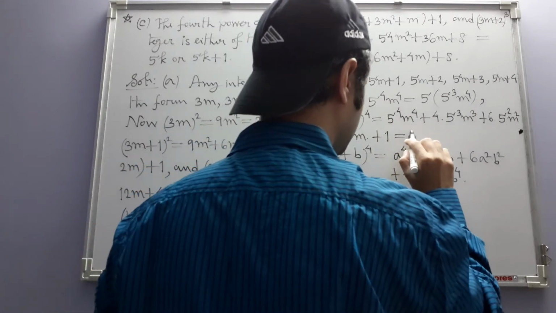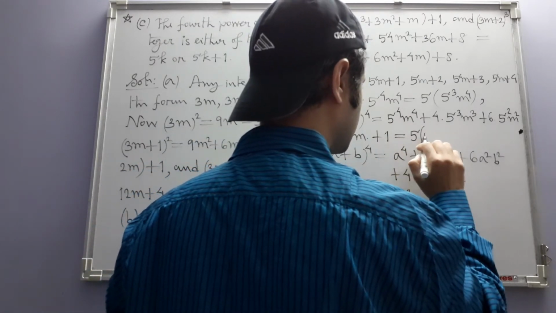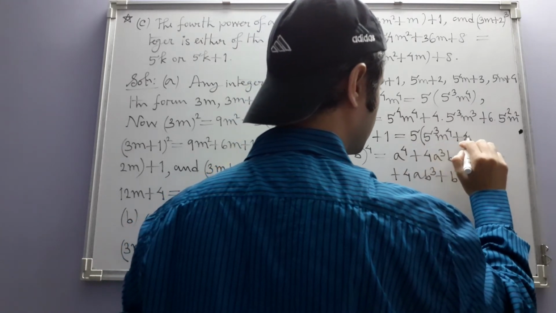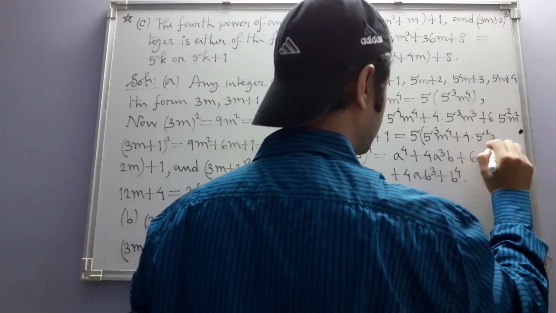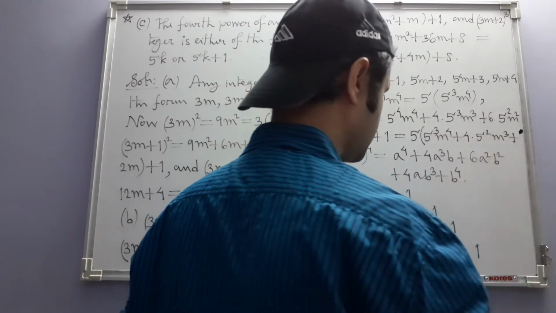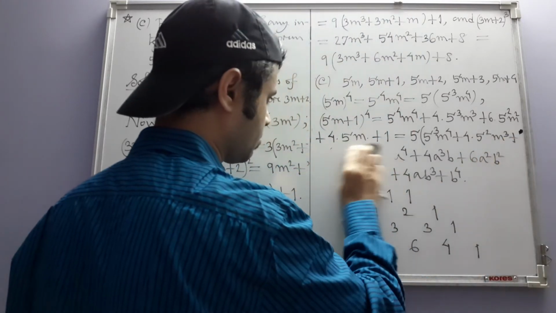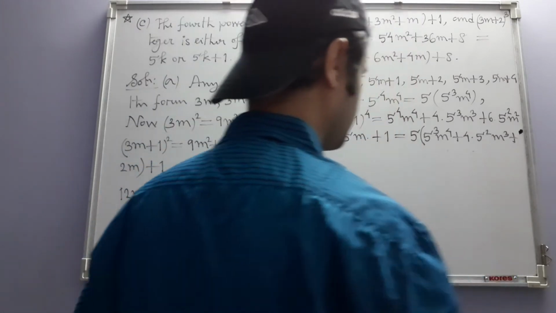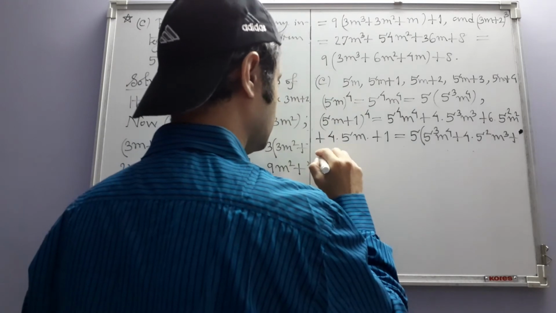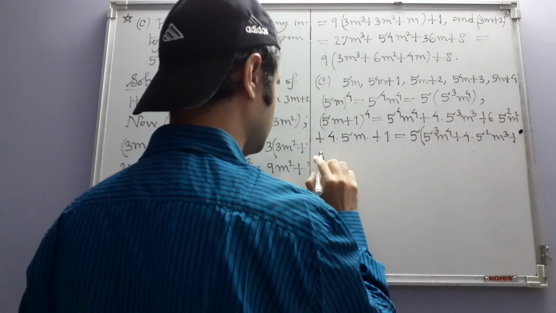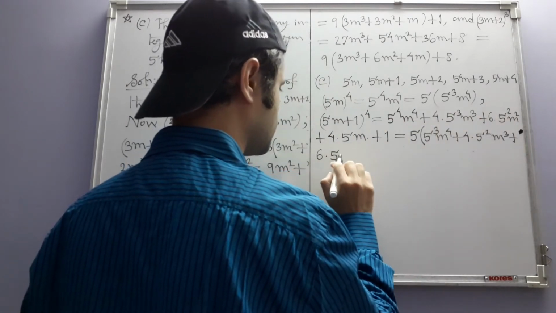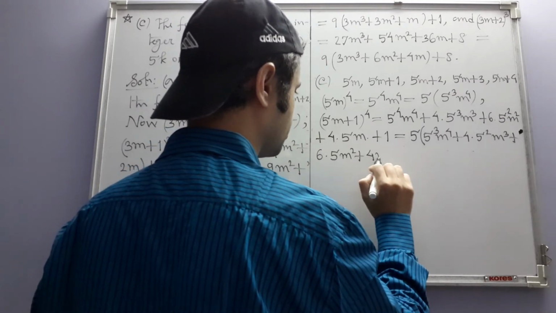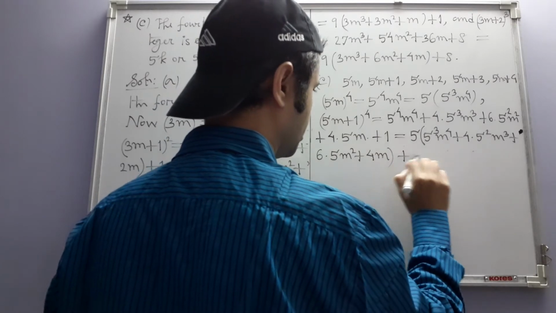So you can see that this is 5 cube m to the power 4 plus 4 times 5 square m cube plus this one 6 times 5 m square plus 4 times m plus 1.